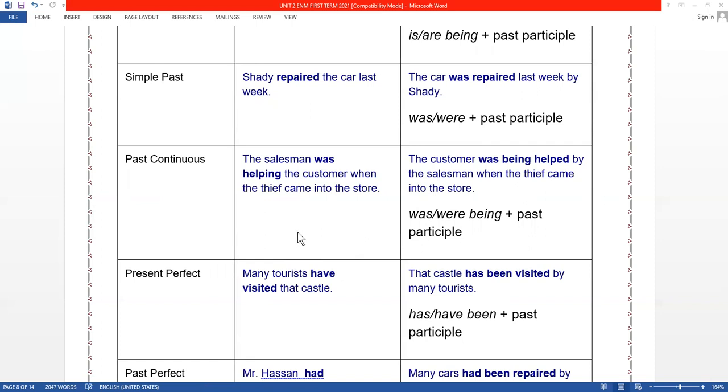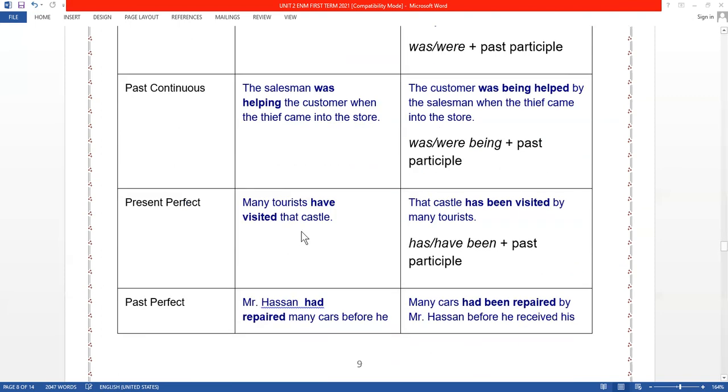The rule of the past continuous, we start, of course, with the object, then was or were, being, plus past participle. We choose was or were according to whether the object is singular or plural. Singular, of course, we choose was. Plural, of course, we choose were, plus being, plus past participle.